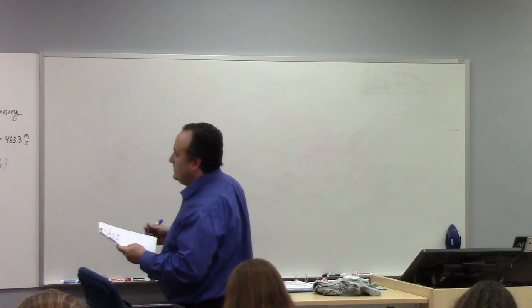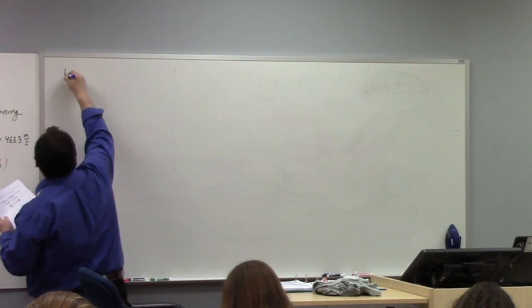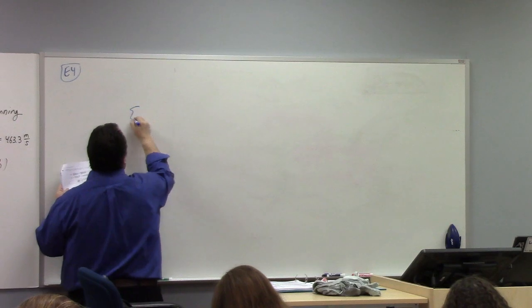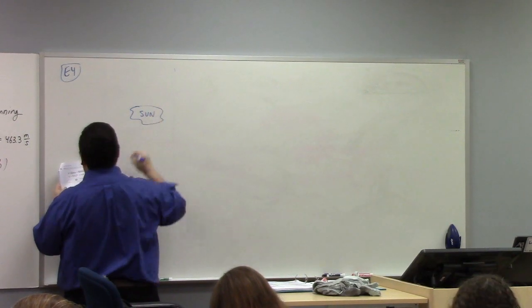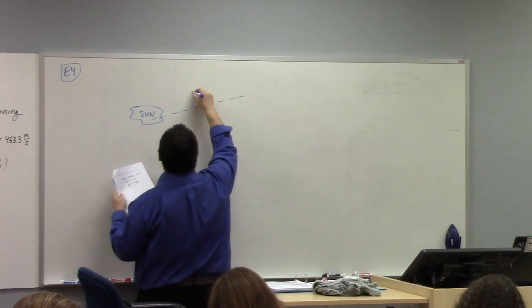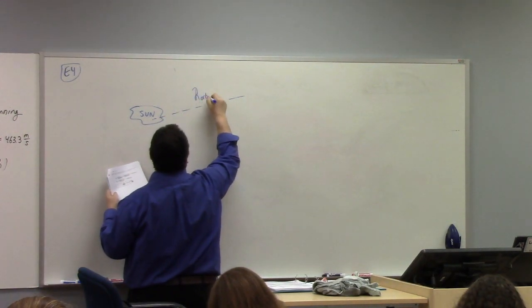Okay, so example 4. If we have the sun, there's my very exciting picture of the sun. And if we look at the radius of the Earth's orbit, you know what that's called?